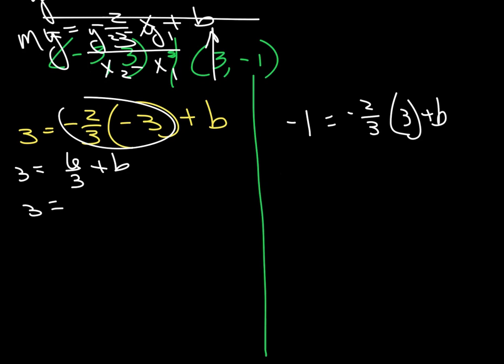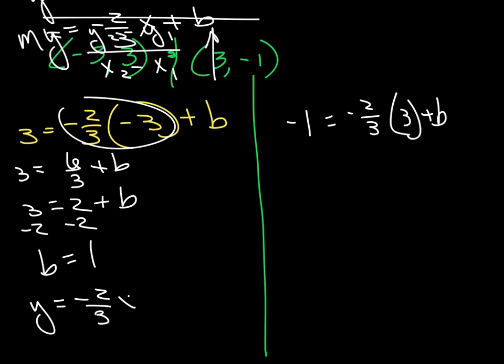So 3 equals 2 plus b. Subtract 2, so b is 1. So my equation then would be y equals, what did I say the slope was? -2/3 x plus 1. So I took the 1 and I put it there.